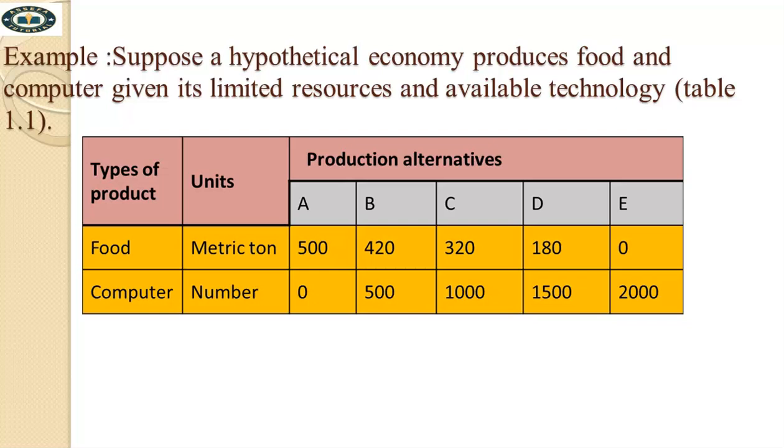Suppose hypothetical economy produce food and the computer ይለናል. Given the limited resource and available technology, we have types of product. We have unit price.